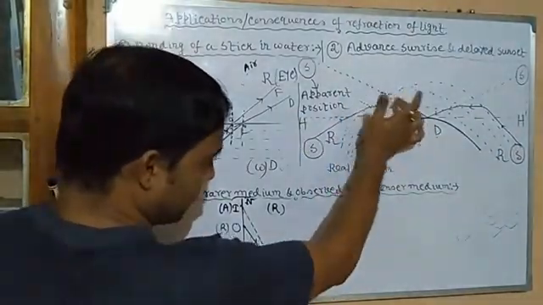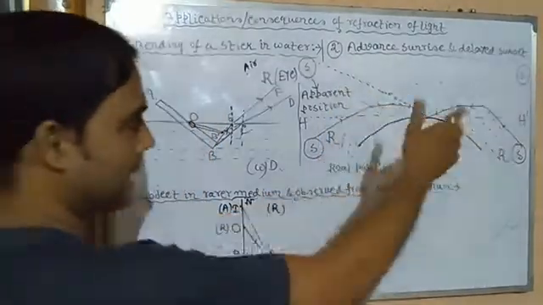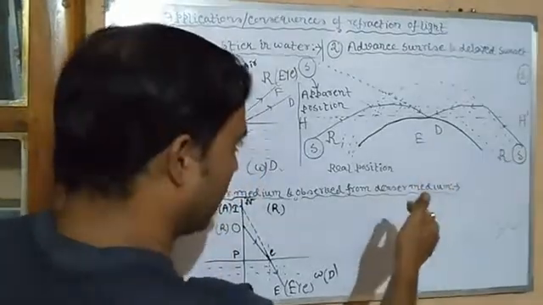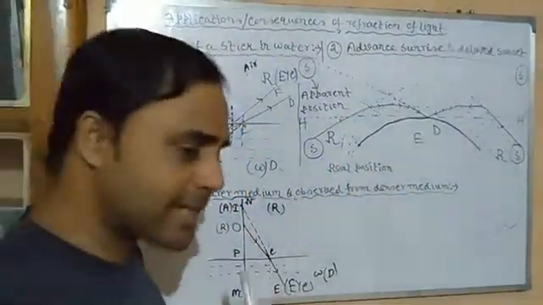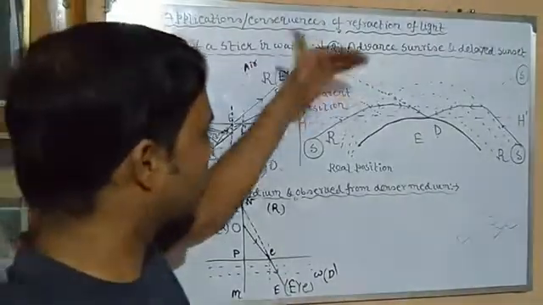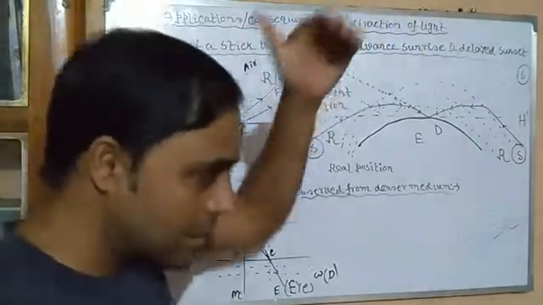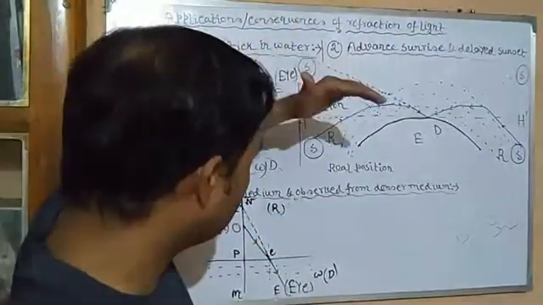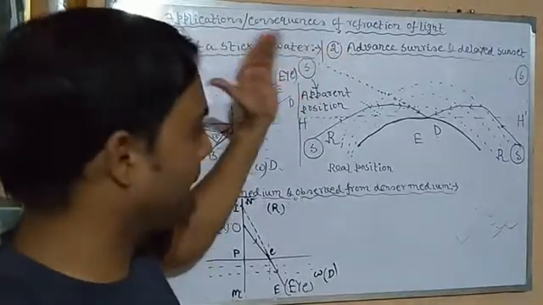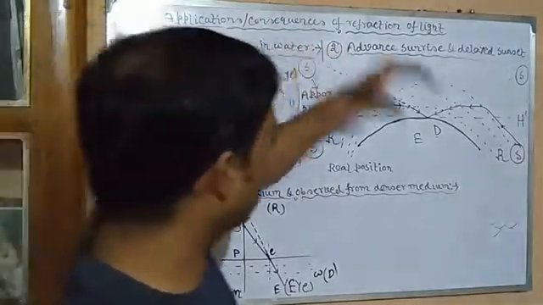Again from this layer to this layer, again from rarer to denser medium, continuous bending, again further bending of light towards the normal. In this way, due to successive refraction from rarer to denser medium, as I mentioned, the above layer is rarer and any layer just below it is denser, light will continuously bend towards the normal. So due to this successive bending of light, it will reach the earth.